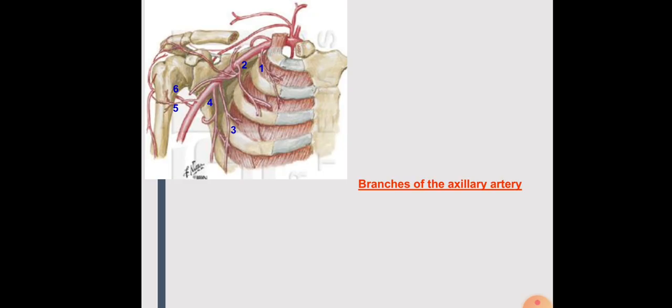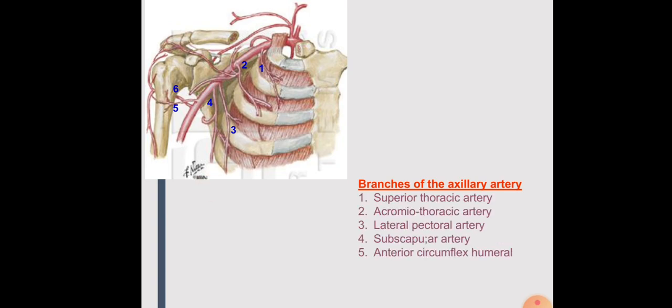Okay, again the branches here: superior or highest thoracic artery, lateral thoracic artery, thoracoacromial artery. From the third part, anterior circumflex, posterior circumflex, and subscapular artery.